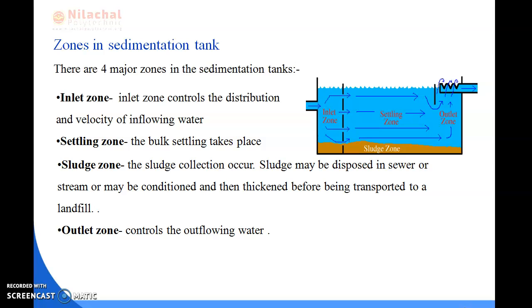The bulk settling takes place in the settling zone.